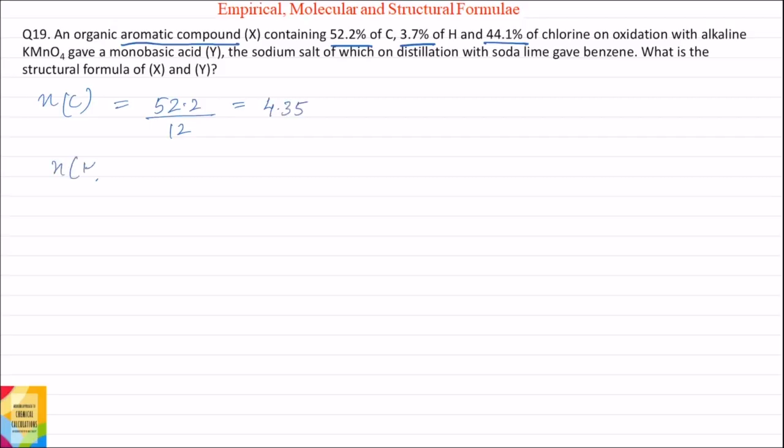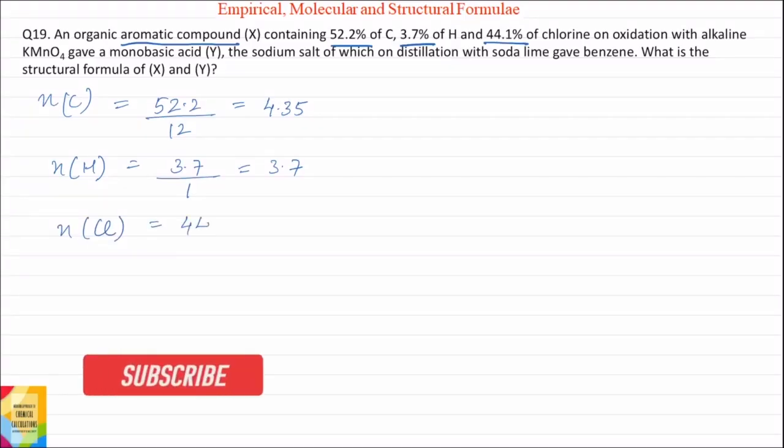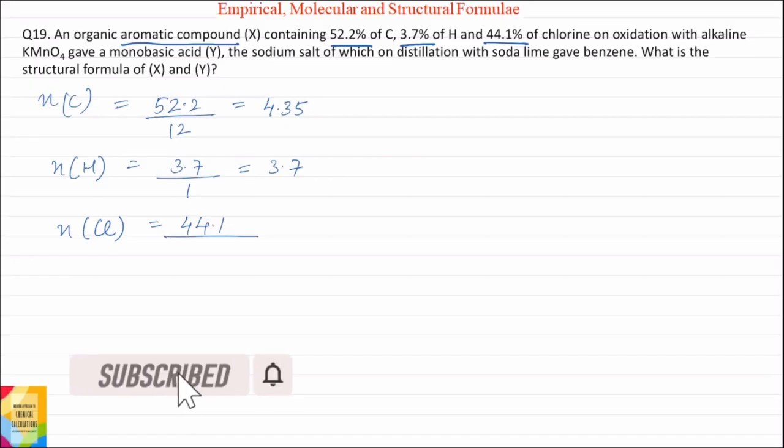Moles of hydrogen will be equal to 3.7 divided by 1, which is equal to 3.7, and moles of chlorine will be equal to 44.1 divided by 35.5, which is equal to 1.24.